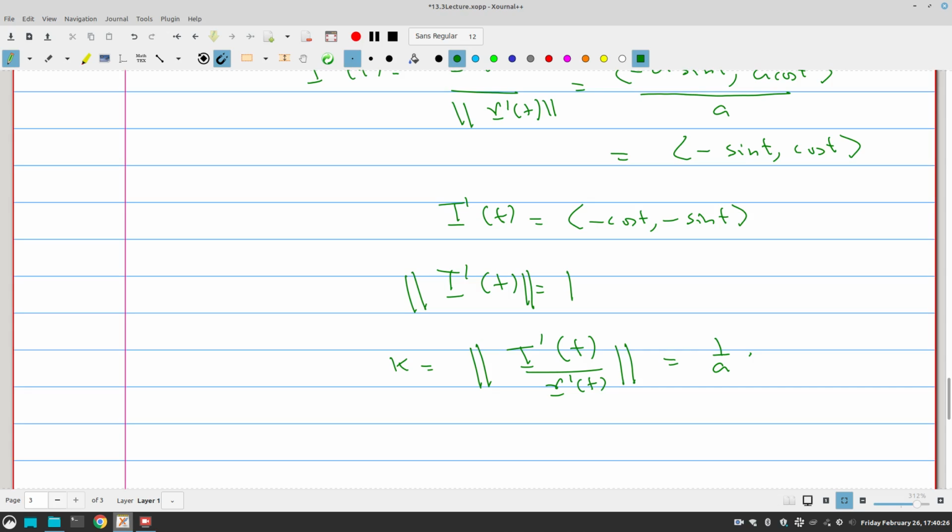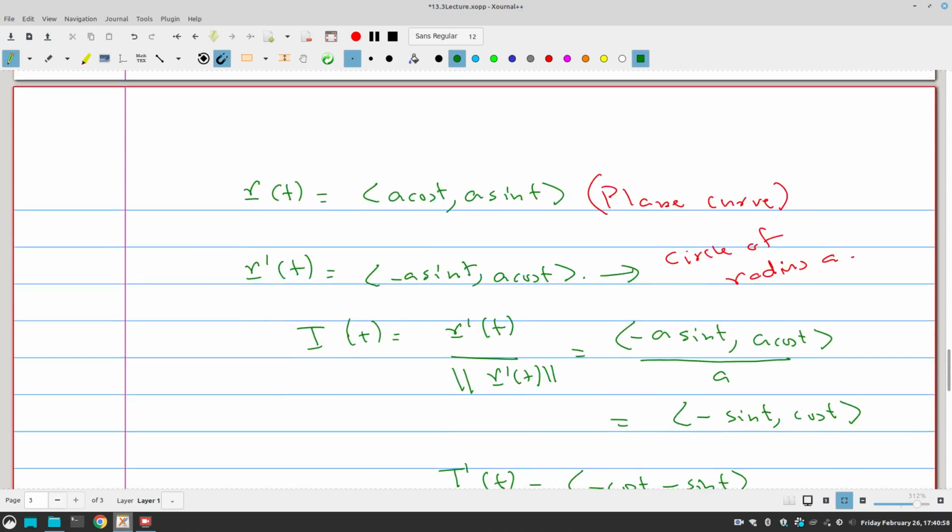Notice that for the circle, the curvature is equal to the inverse of the radius of the circle. Right. And if we have a straight line, for example, the curvature is always going to be 0.